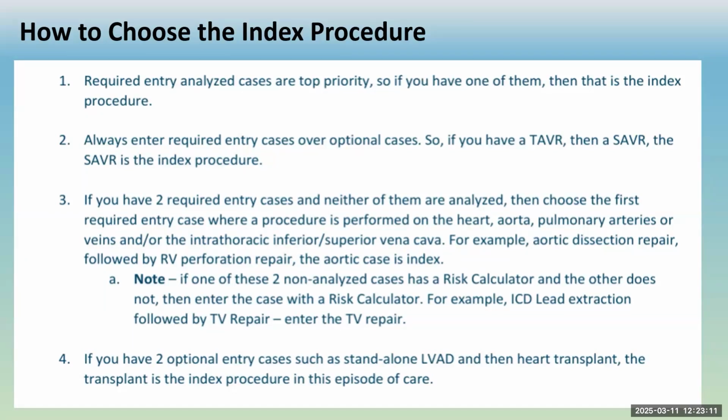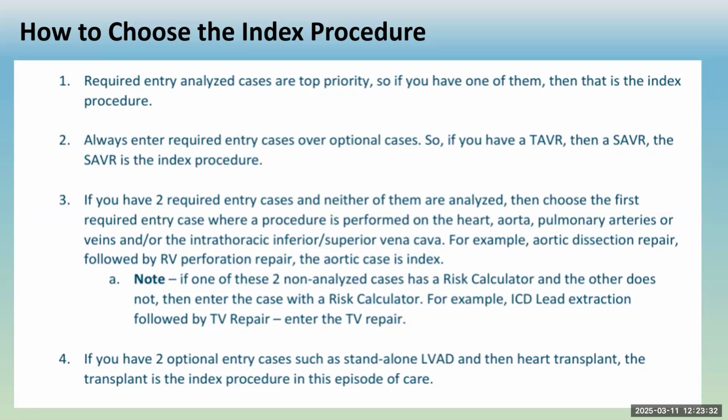The third principle: if you have two required entry cases, neither of them analyzed, then choose the first required entry case where a procedure is performed on the heart, the aorta, pulmonary arteries, veins, and/or your superior vena cava, inferior vena cava.